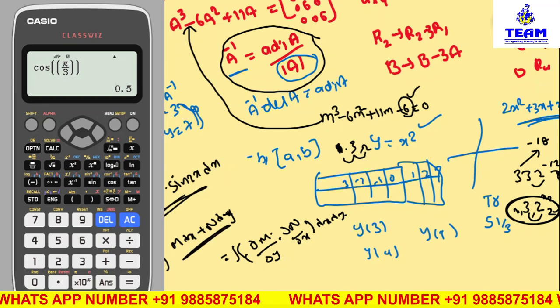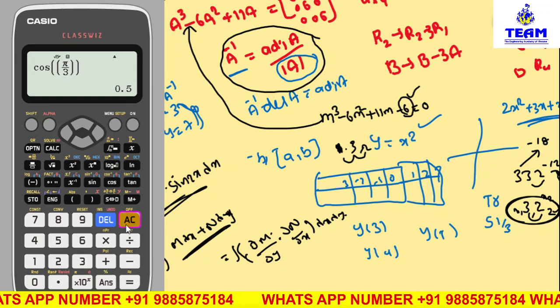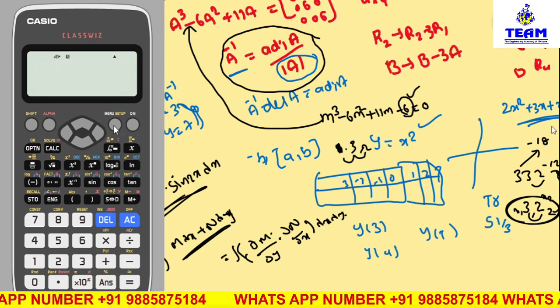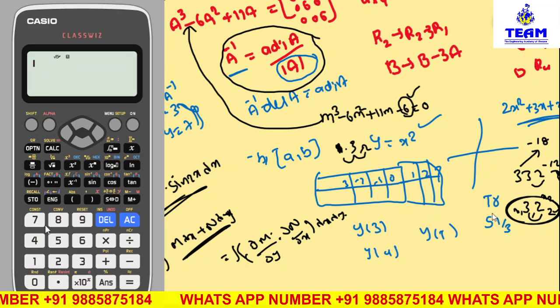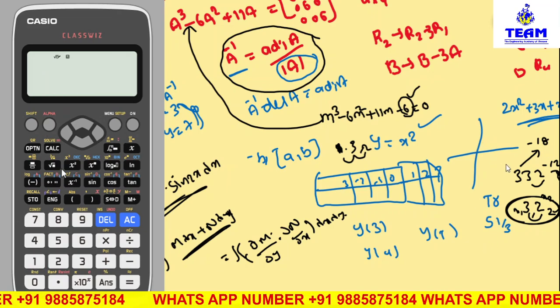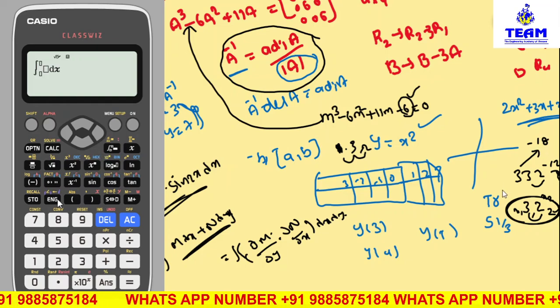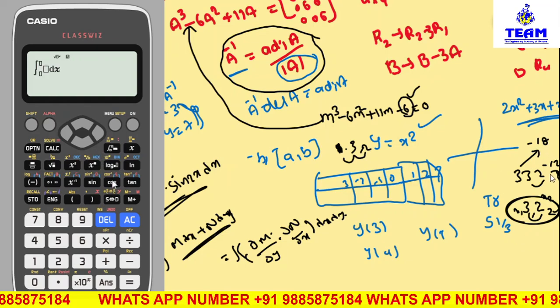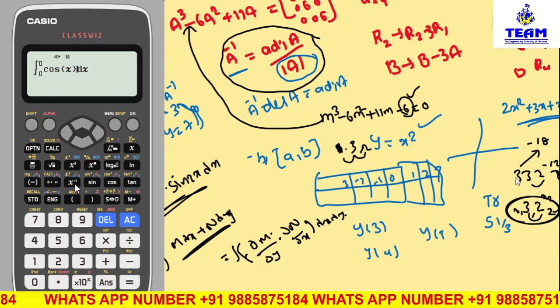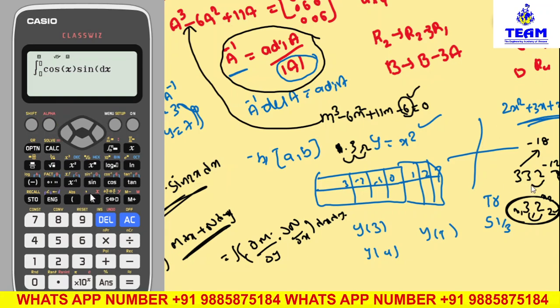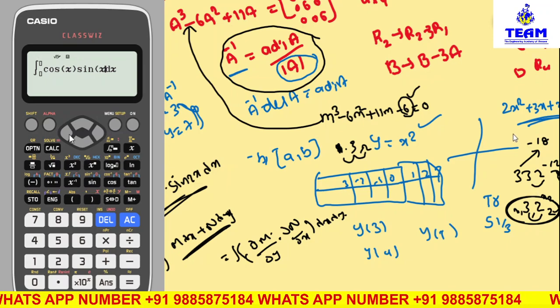Now I will show you what we have to do. Press the AC button. If you are in another mode, better to go to mode, menu and 1. Now I want integration, so press the integration button. Now cos x I want, so cos, alpha x, close bracket, into sin 2x: sin, alpha 2x.